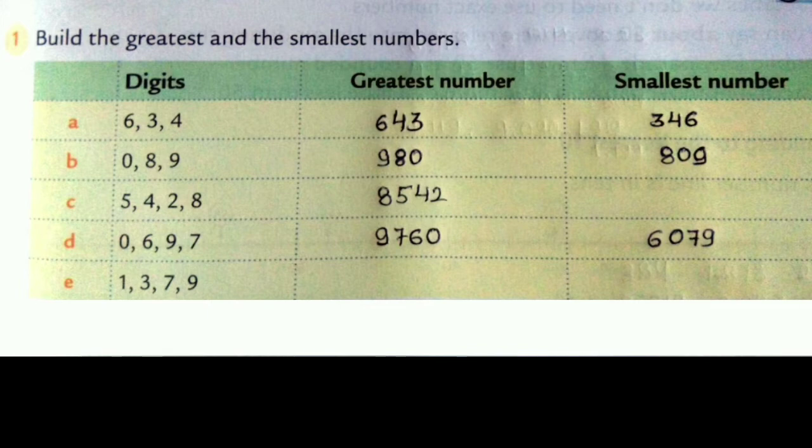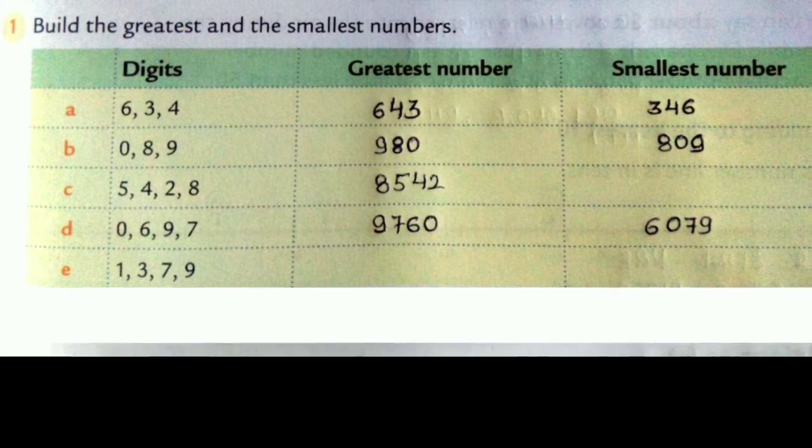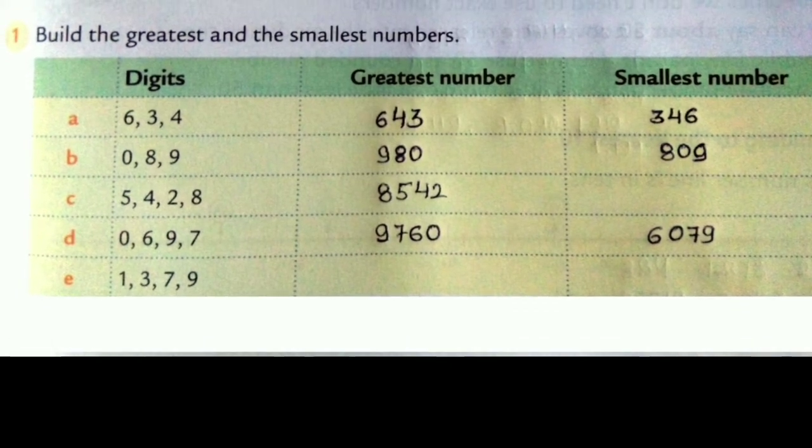See, first question 6, 3 and 4. We have to arrange in greatest number. Greatest number here starts with 6, so we will write 6, 4, 3. Smallest is the opposite of greatest, 346. Next question, it is 0, 8, 9.